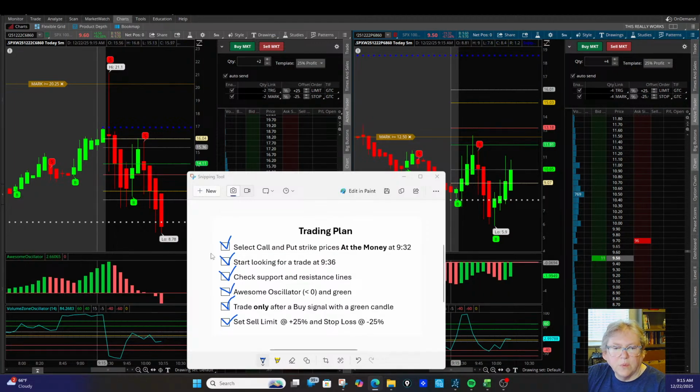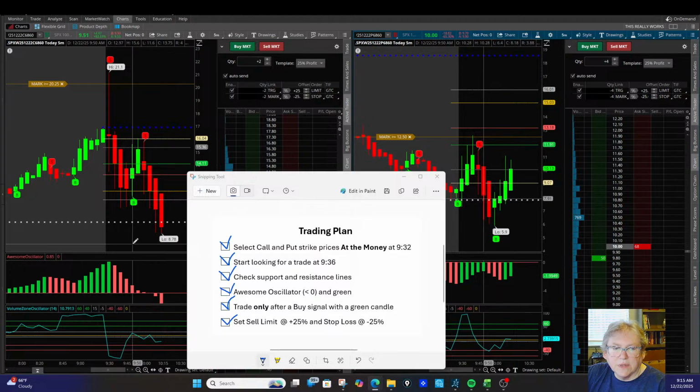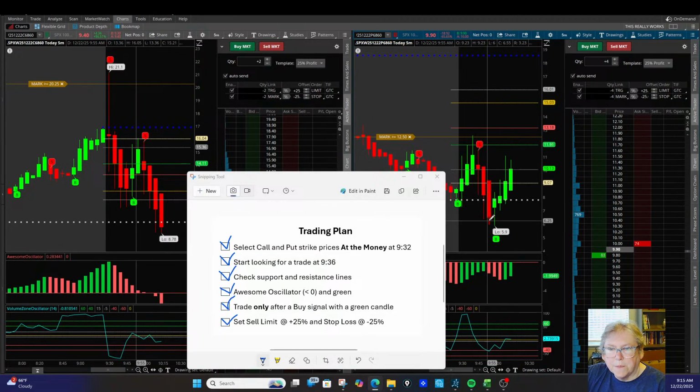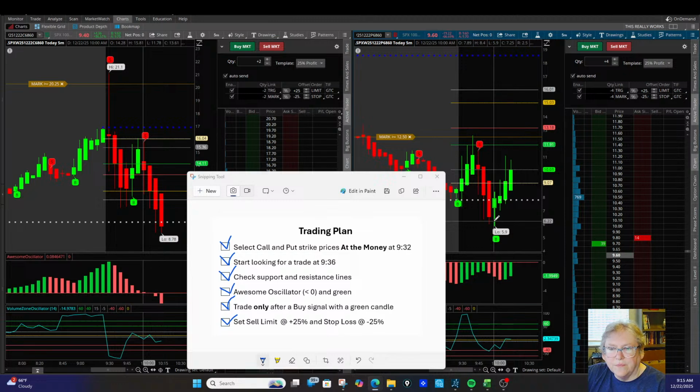I think the most important thing for the awesome oscillator is that it be less than 0. Then I'd like to see a green candle. But here it definitely was not less than 0. Here it was less than 0, but a red candle.